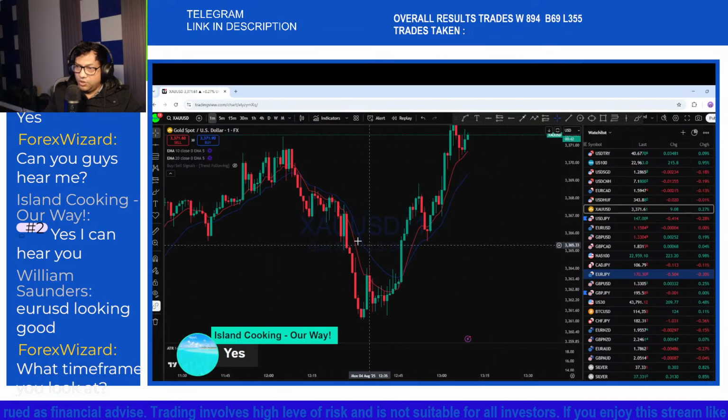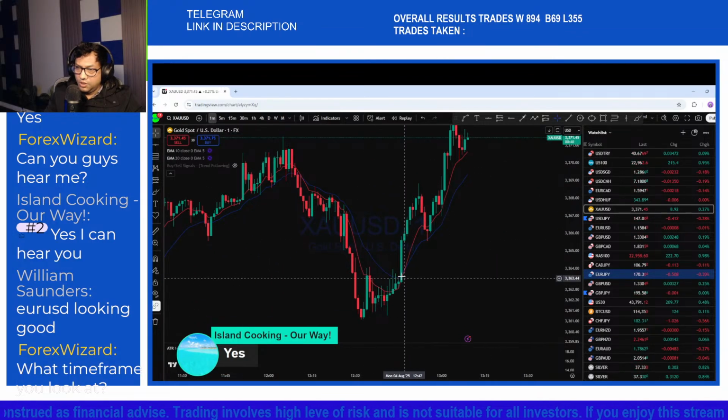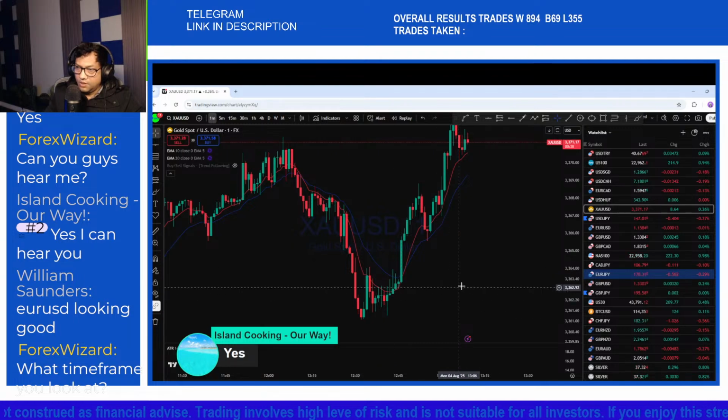From the 1 minute you can see that after the break of this low, it just rejected back again.